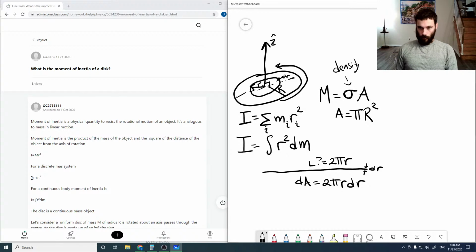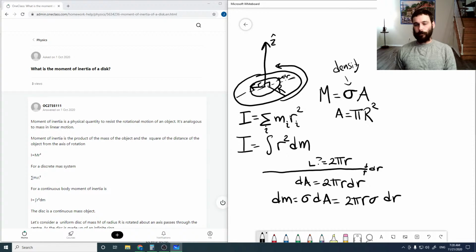And now we can convert this small dA to a dm using our density, right? So dm is just sigma dA, which is then 2 pi r sigma dr. So there is our mass element that we're going to be integrating over.